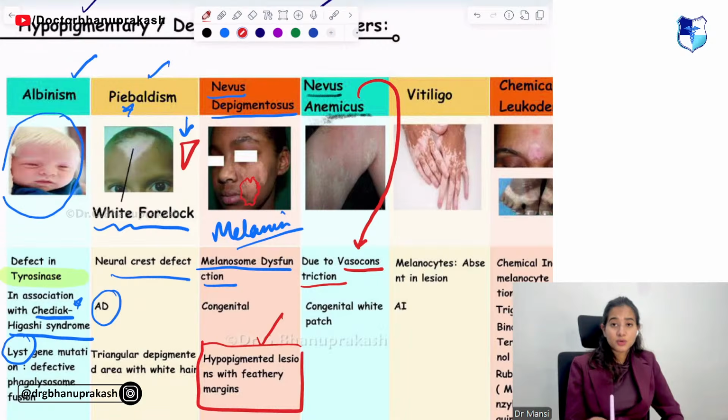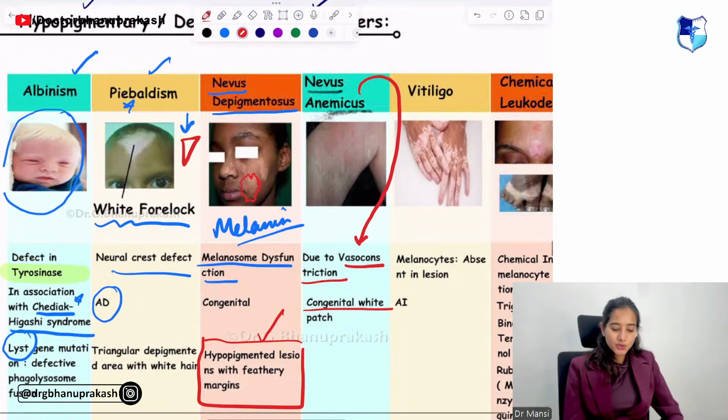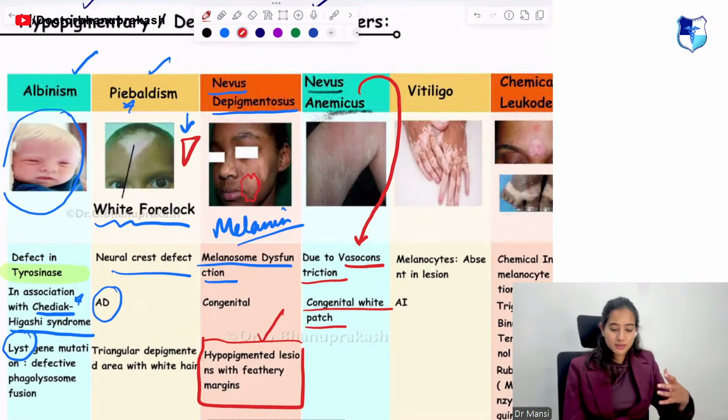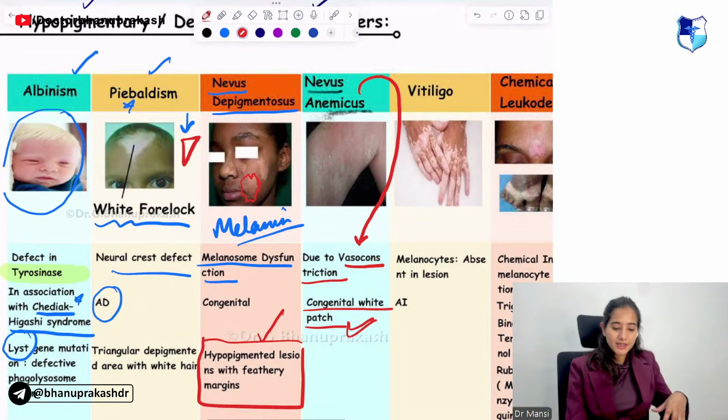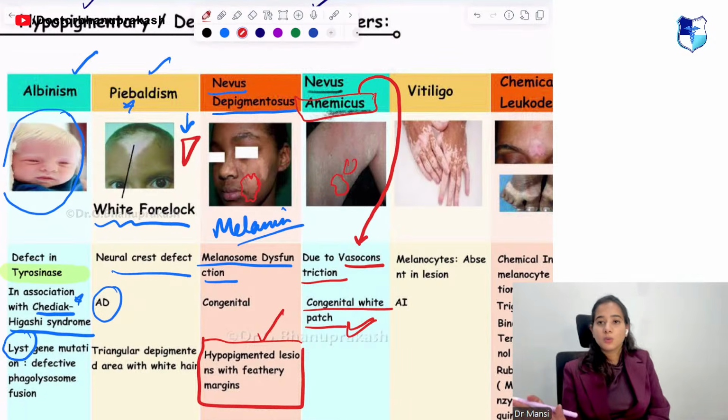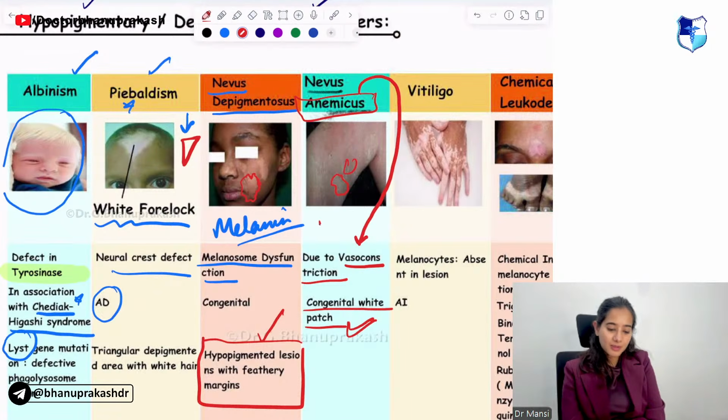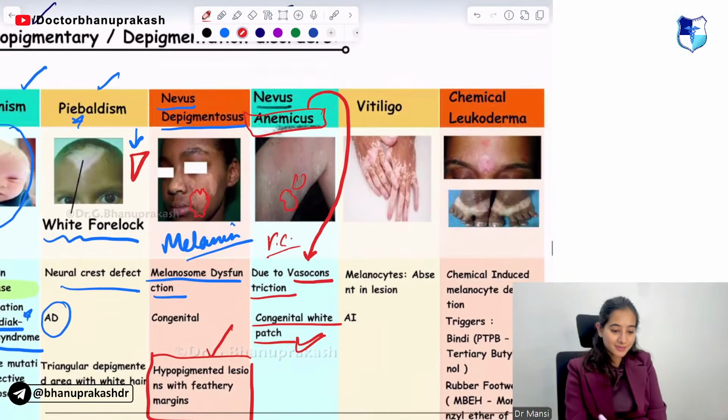Because of this vasoconstriction, the particular region does not get a good blood supply, which gives you a congenital white patch. So anemicus should remind you of something to do with blood. This is happening because of vasoconstriction. Absolutely right, Mr. Techie, I'm happy with your answer.